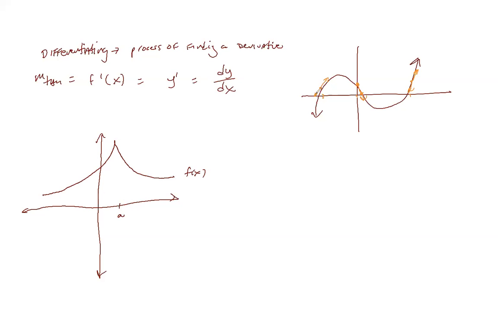You could also have drawn a tangent line here at the apex or maximum of this curve. This slope here would be 0. This slope here at the hard corner is not able to be defined. The reason for that is that the slope just before and just after it are very different, whereas the slope before and after this other point are the same, so you can define it at that point.